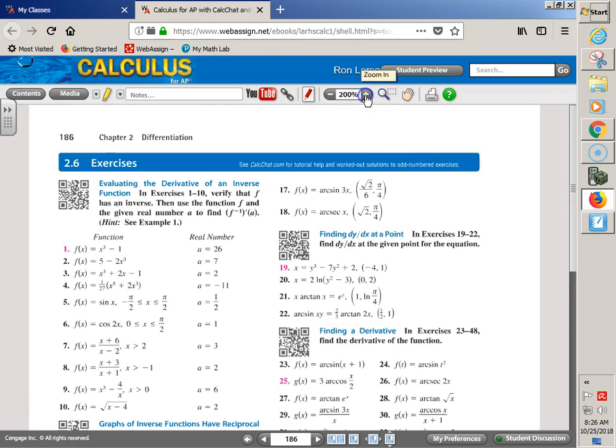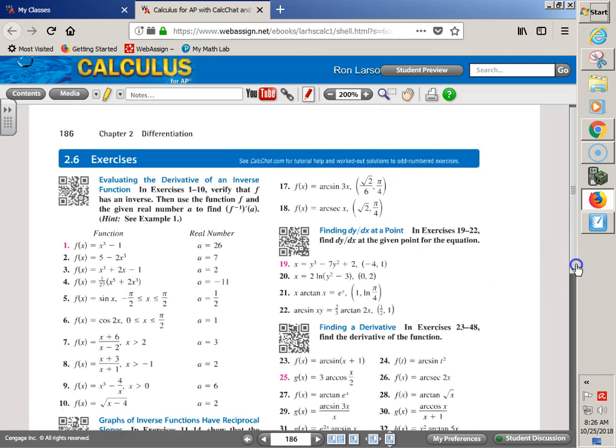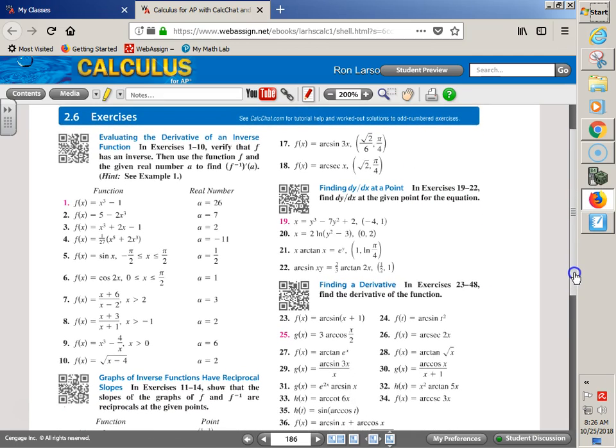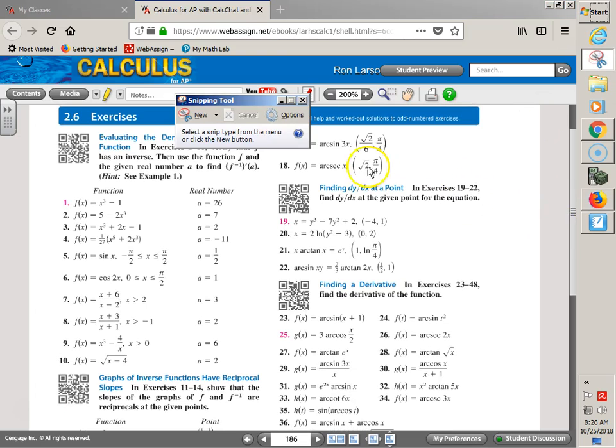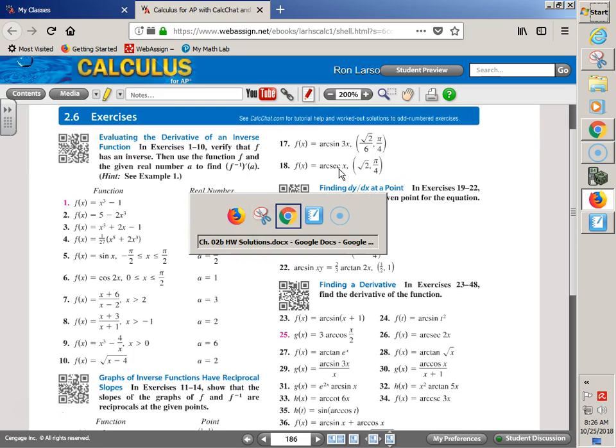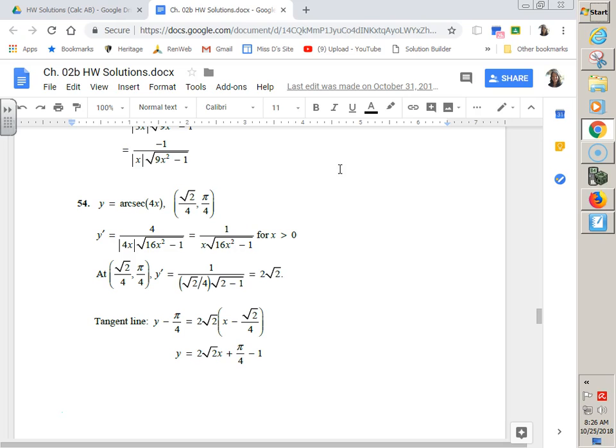Please, please, please take to heart the following statement, okay? It would be a shame if you knew how to do the calculus, but you couldn't get the right answer because you didn't know the trig. You hear that, right? It would be a shame if you could do the calculus, but you couldn't get the right answer because you can't do the trig.